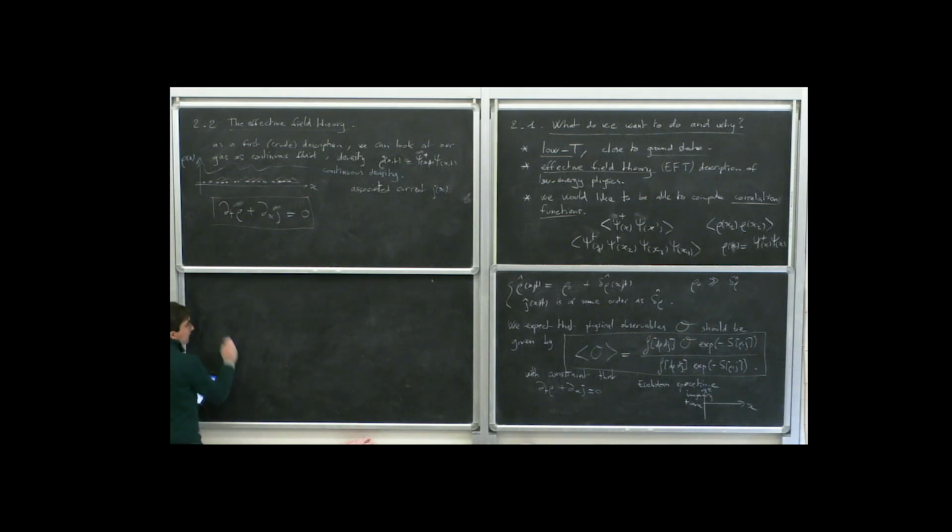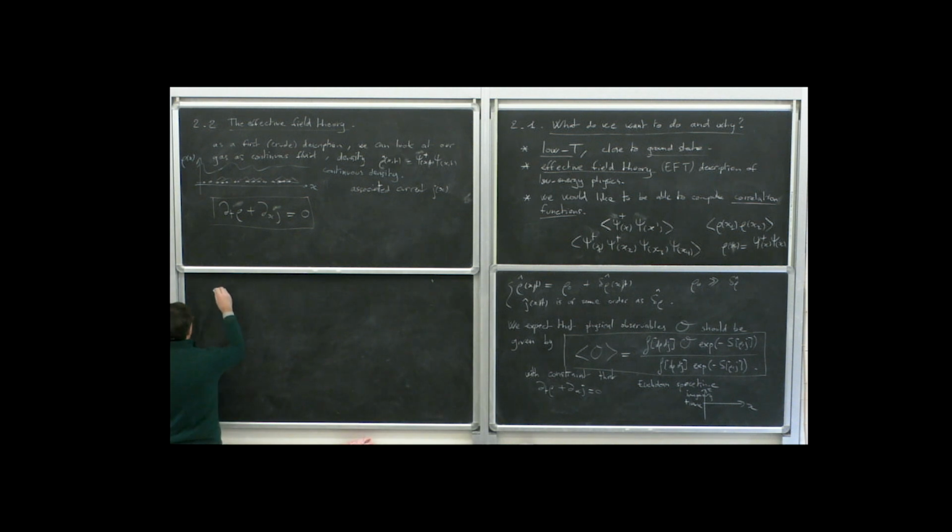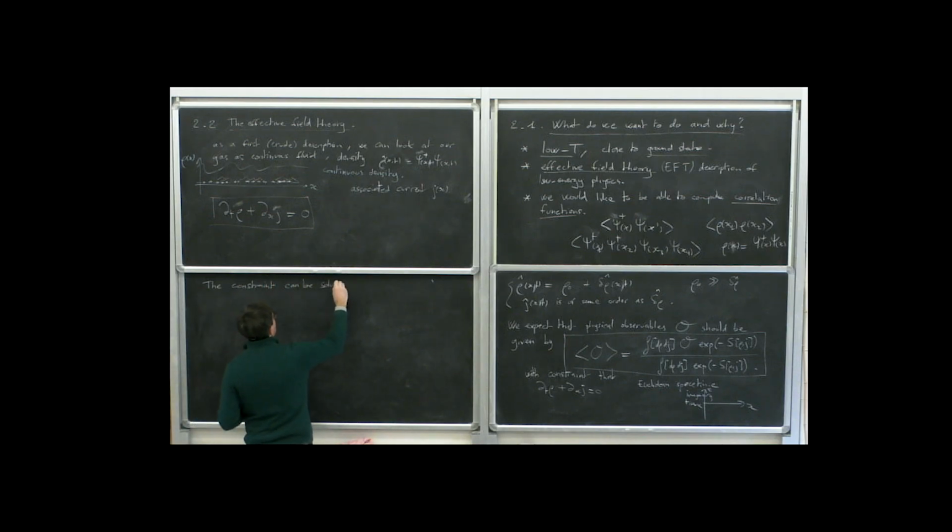So the point, this constraint, is the key point, and there's a simple way to solve the constraint naturally. This constraint can be solved by introducing another field.